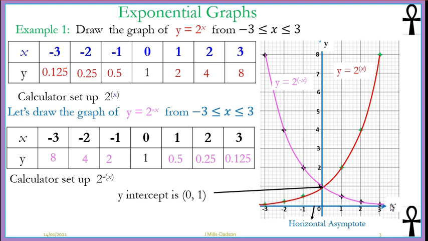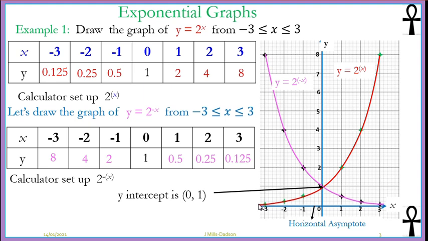So the x-axis, or y equals 0, becomes what we call the horizontal asymptote. So we say the two graphs are asymptotic to the x-axis. What it means is that they will get closest to the x-axis, but will never touch or cross it.